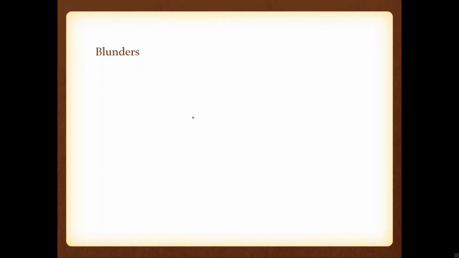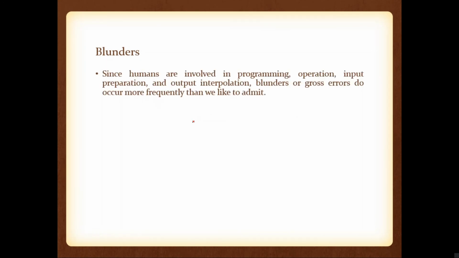The next one is due to us, blunders. Actually, we are writing an algorithm, and instead of writing, say, for a for loop, i equal to 1 to 5, we may write i equal to 1 to 6.